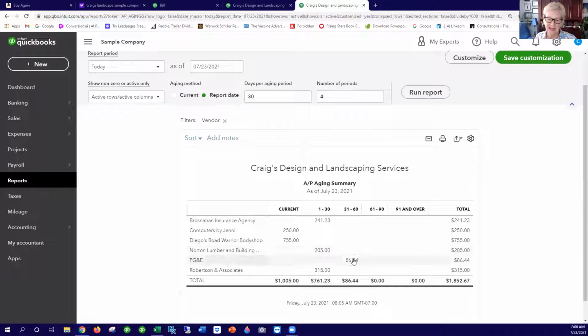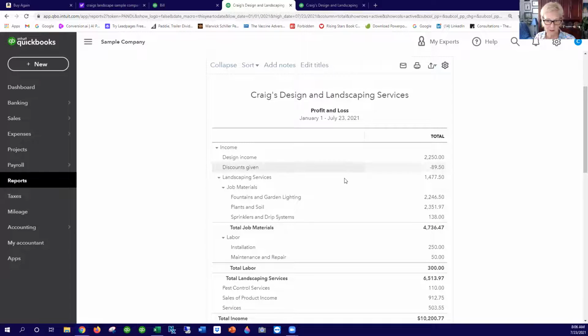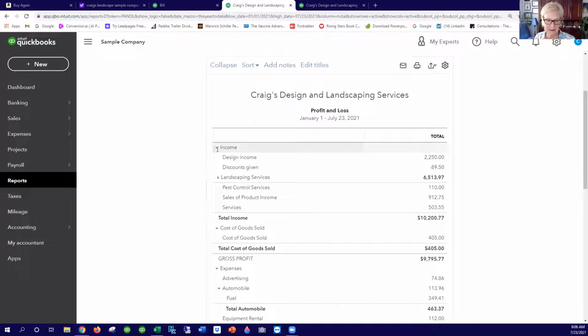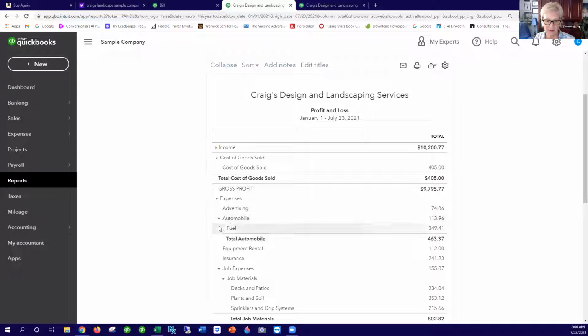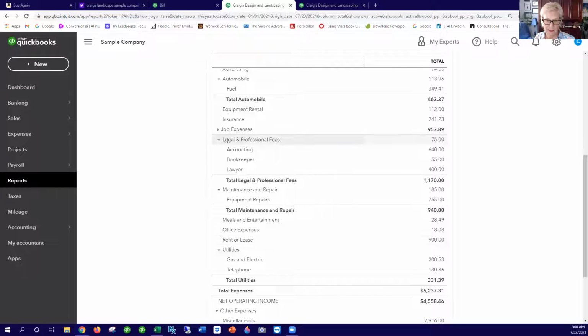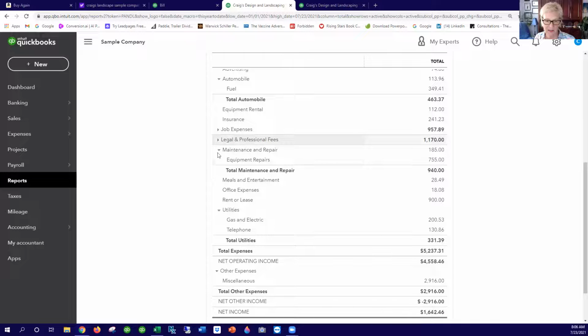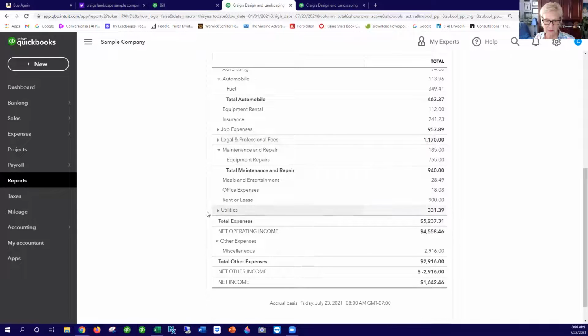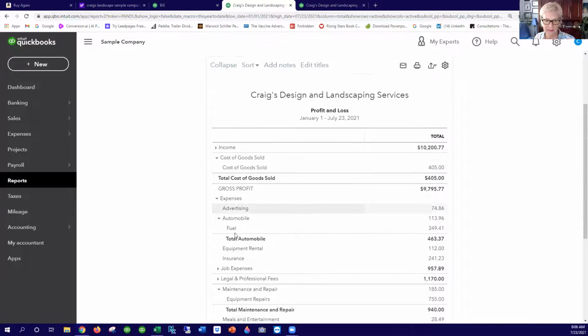When these get stuck on here, the question is always how to clean them up. If they're on this report, they've actually been included in your profit and loss report, right? So they would be showing up as expenses during this time period. This is a sample company, so let's see if we can find where that little $250 is that I just popped in here.